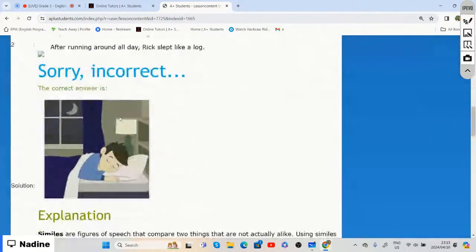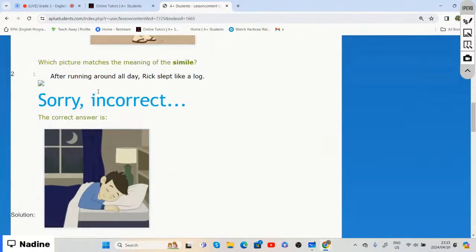If we look at the next picture, it says, after running around all day, Rick slept like a log.